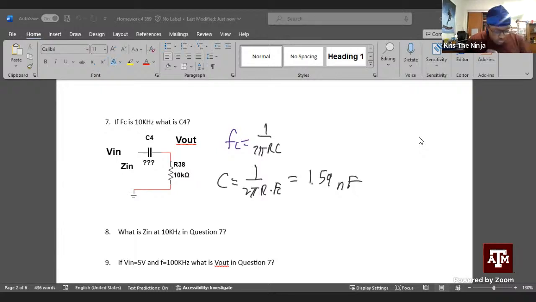What is ZN in question 7? At 10 kilohertz, well, then it would be 20K, I guess. I'm assuming that this whole section here is what ZN is. I'm just gonna make that assumption. So ZN is 5. No, I'm so confused.